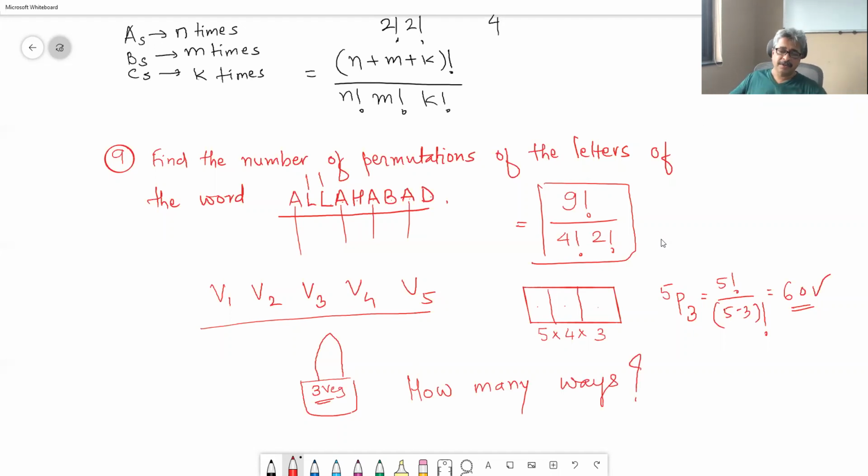Think about it. Numerically, I am not interested. I want to figure out how we should solve this problem. When I am displaying the vegetables, the sequence, the order in which I am displaying is important: first vegetable, second vegetable, third vegetable.